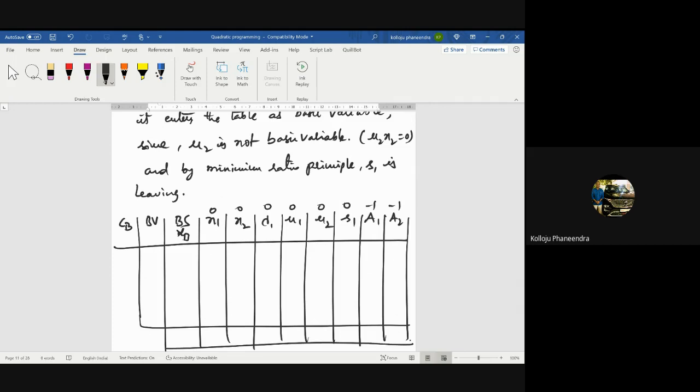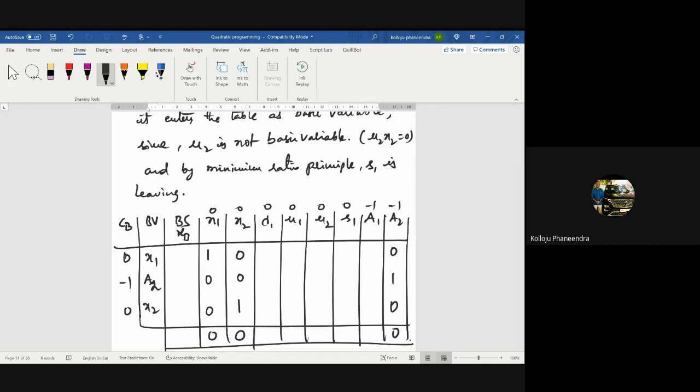And what are the basic variables now? x1 as it is, a1 as it is. Now in place of s1, which one is entering? x2 is entering. So 0, negative 1, 0. x1 is the first basic variable, 1, 0, 0, net evaluation 0. a2 is the second basic variable. Next one, x2 is the third basic variable, third identity column.